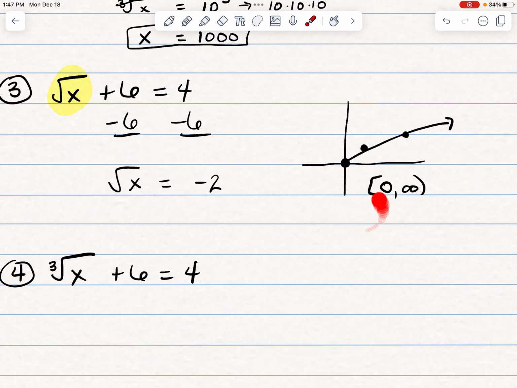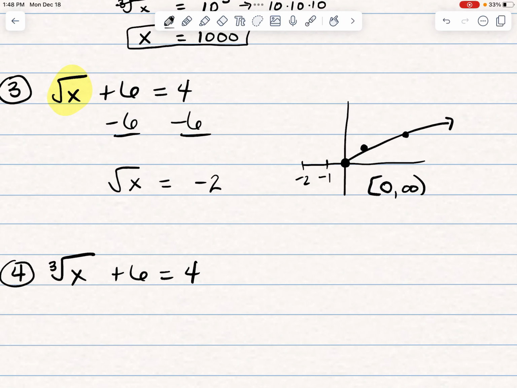But they never entered into the negative range for the x values. So there is nothing on this side of the y-axis where x is negative, say -1, -2. So the square root of x being equal to -2, we don't have a value for this, right?